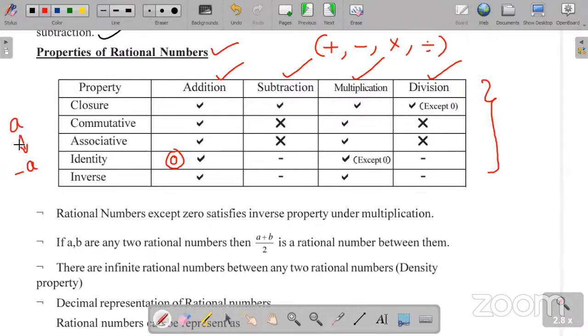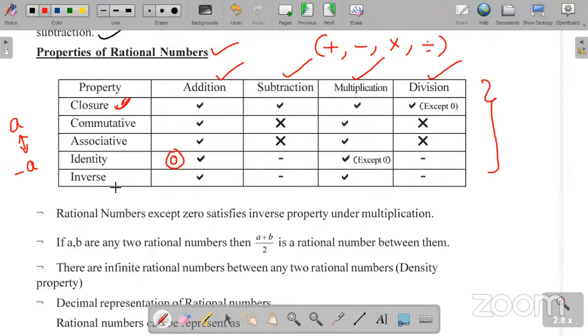A and minus A are called inverses of one another. So that means minus A exists.